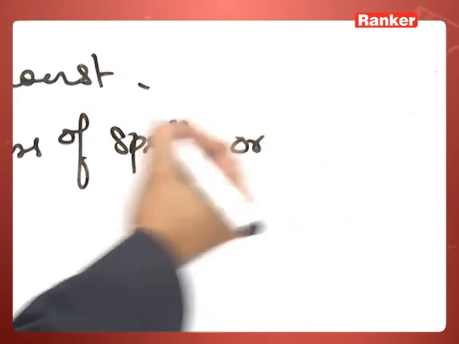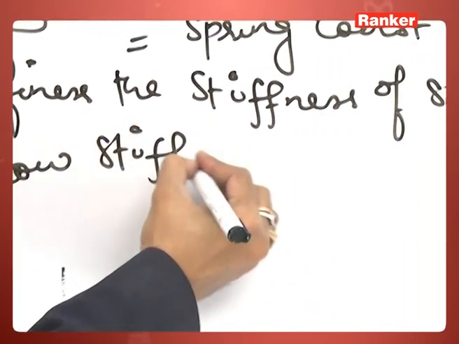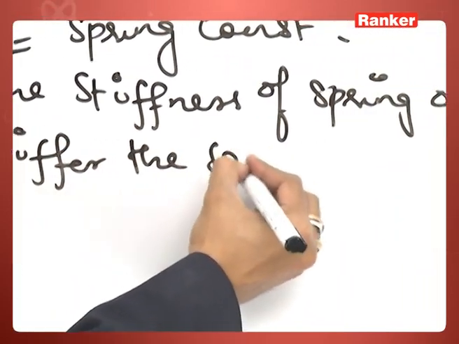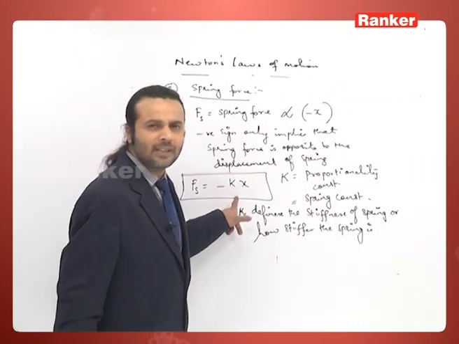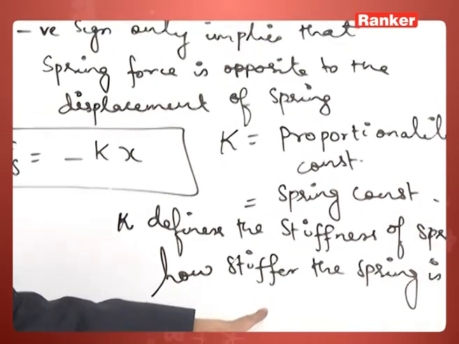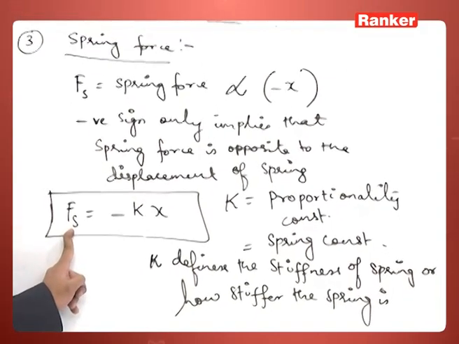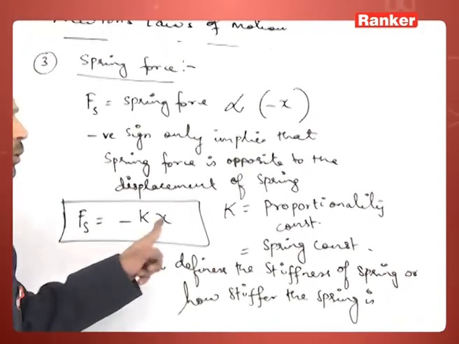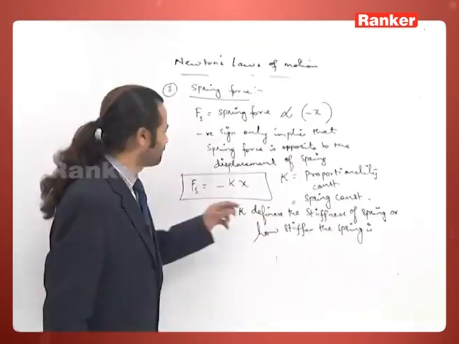or how stiff the spring is. That means if K is more, the particular spring will be stiffer. More stiffer means more amount of force has to be applied to displace this spring by a certain amount of displacement.